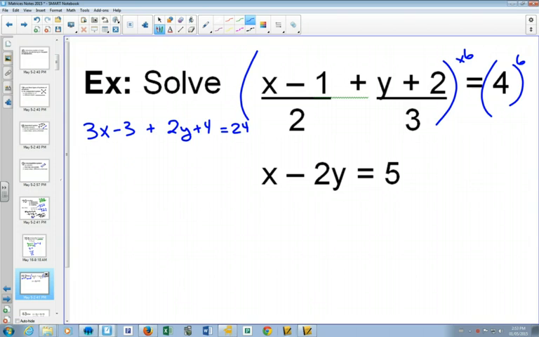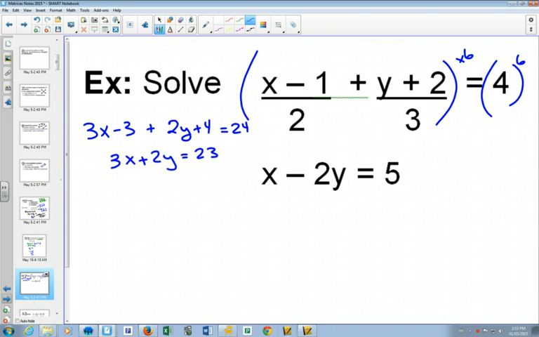In fact, I can combine like terms. If I make everything go on one side here, I'd have 3x plus 2y and subtract 1 on both sides is 23. At this point for solving, when I look at both of my equations, I notice right away that my 2y and my minus 2y are the same.